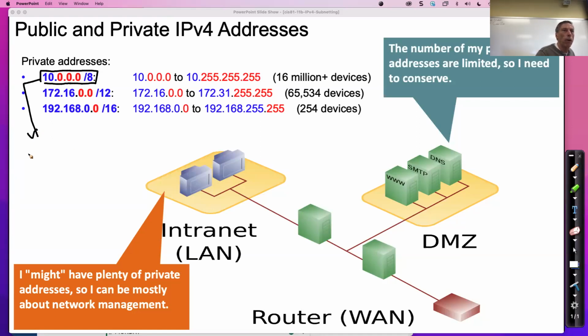I could do a /16. That would give me 256 subnets at about 65,000 hosts per subnet. That's one option.